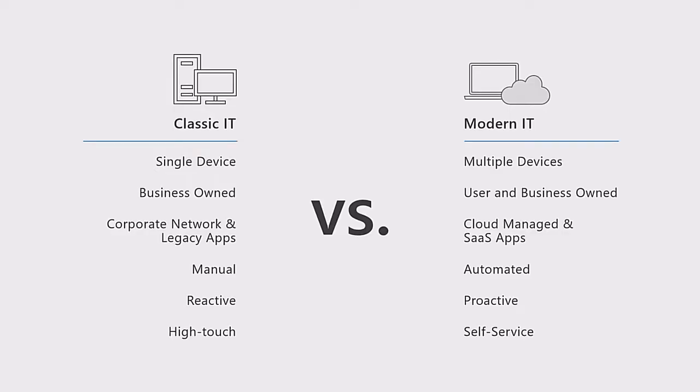We initially thought of this as a separation by function, that maybe there were some groups of employees where you might be better off doing a modern style of managing these devices.